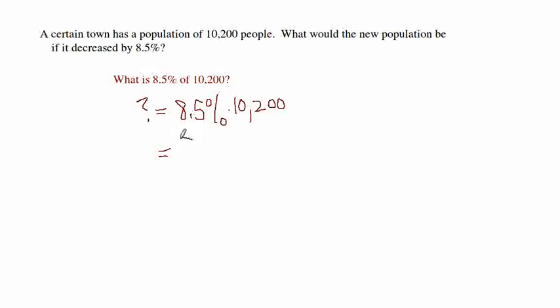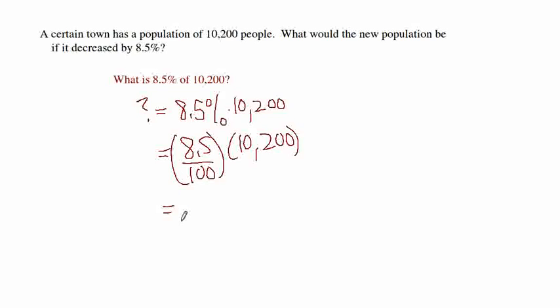Okay, and so 8.5 divided by 100 times 10,200. Okay, now you can work that out on your calculator, or a pencil and paper, whatever you want to do. It's straightforward, and you will get the following if you do that.